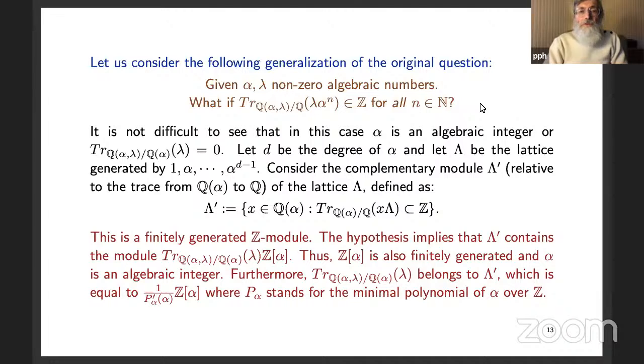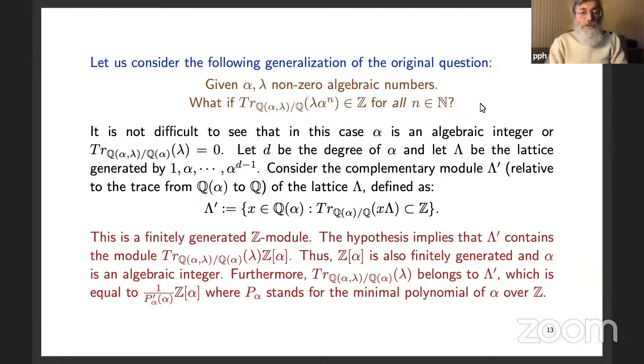And the hypothesis that we have made, that the trace of lambda alpha to the n is in Z, implies that the module trace to Q of lambda multiplied by Z[alpha] is contained in Lambda prime. Because if we multiply by any power of alpha and we take the trace to Q, we will find an integer by hypothesis. Thus, Z[alpha] being contained in Lambda prime is also finitely generated.